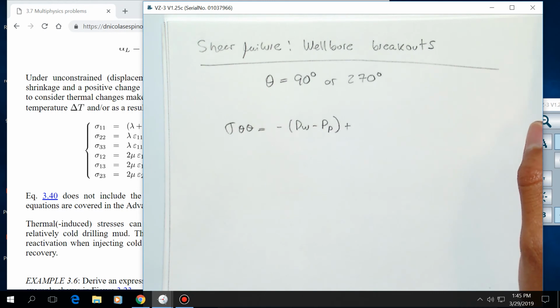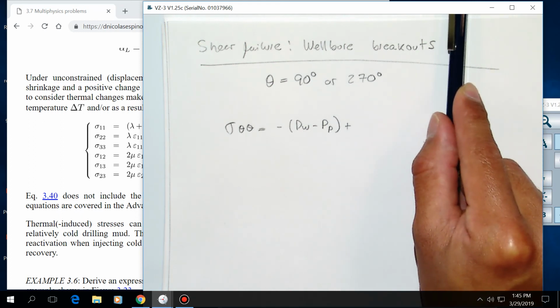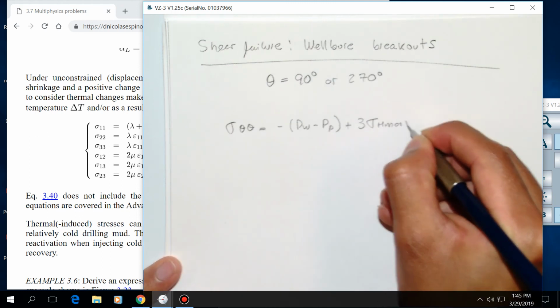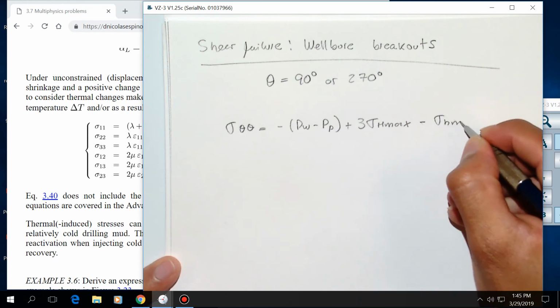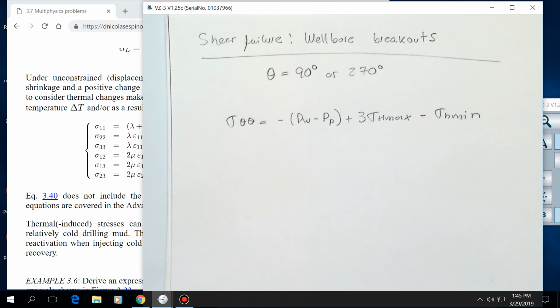It's -1, right? So if this was negative before, now this is going to be positive, and I'm going to have 3 sigma h max minus 1 sigma h min. So here is the trick in order to get shear failure.